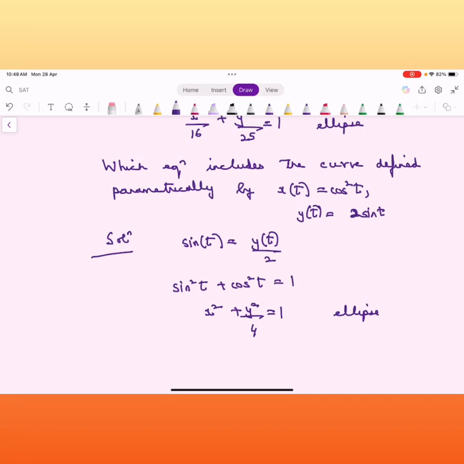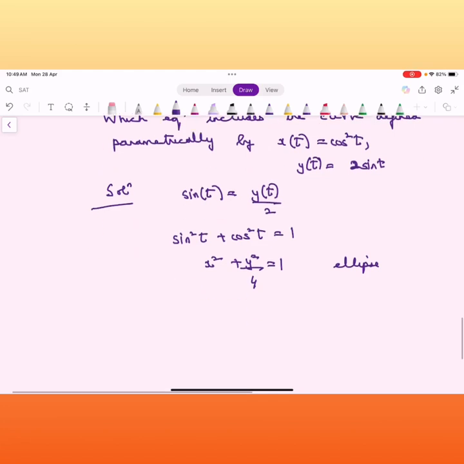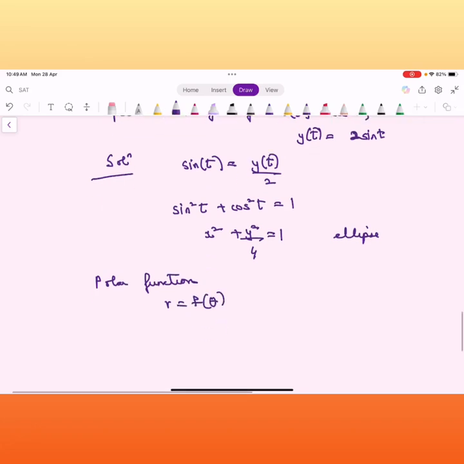Okay, now coming to polar functions. What do you mean by a polar function? By a polar function, we mean a function of the form r equal to a function of theta. Some standard examples would be r equal to theta, which is a spiral, and r equal to 2 sine 2 theta, which is the polar equation of a rose.